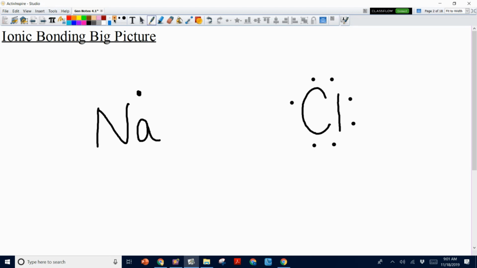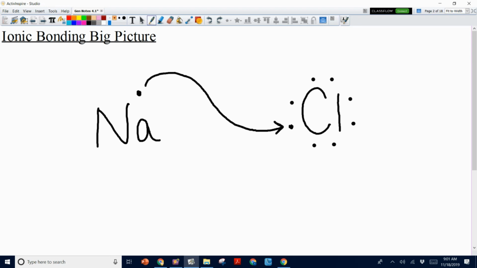So sodium is going to give its electron away to chlorine, and chlorine is going to accept it. So we have 8 valence electrons around chlorine, and sodium, since it gave away that one, has a full valence shell underneath. So they're both happy.